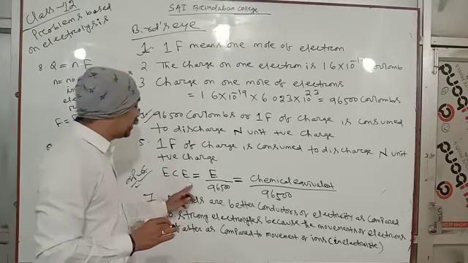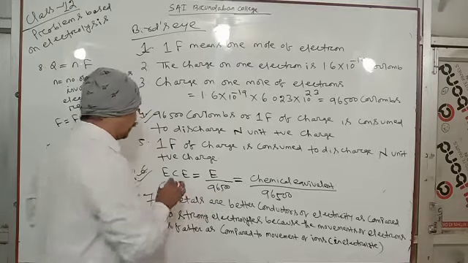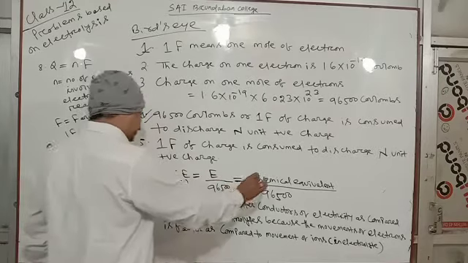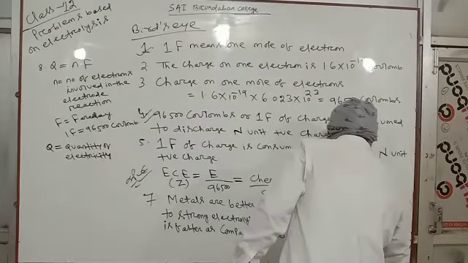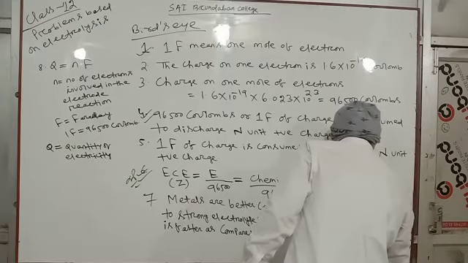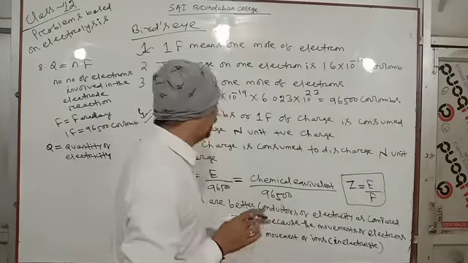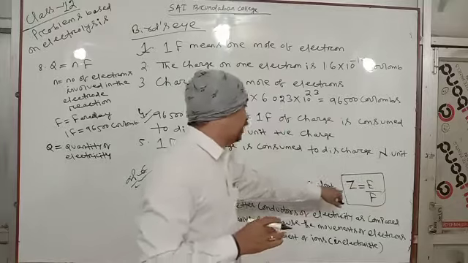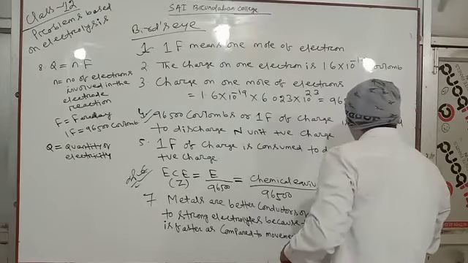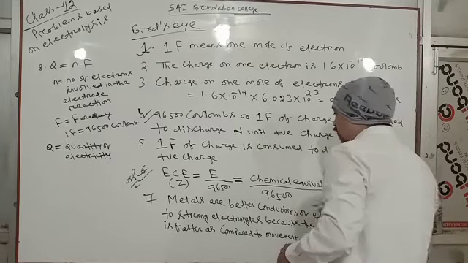EC, electrochemical equivalent, is Z. So Z equal to E by F. Z is the electrochemical equivalent, E is the equivalent mass, F is 1 Faraday, 96500 coulomb.